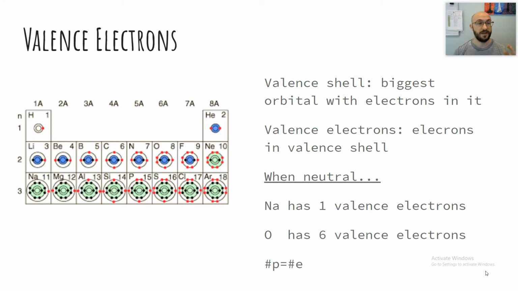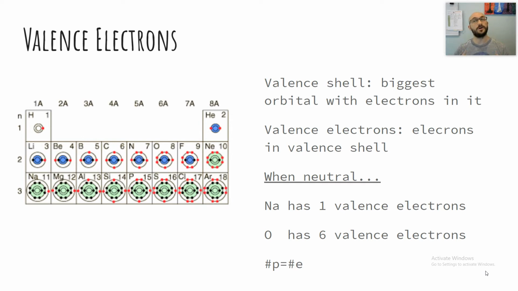So hydrogen only has 1 orbital, so that first one is the valence shell. Lithium has 2 orbitals. The biggest one, orbital 2, is the valence shell. Sodium has 3 orbitals. So the biggest one, the third orbital, is the valence shell.